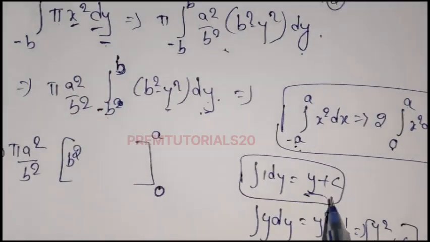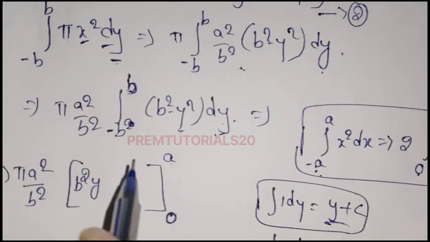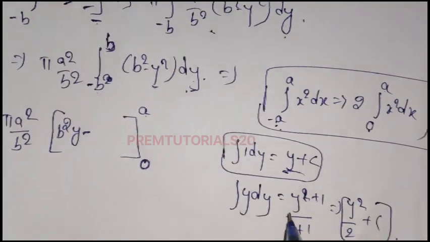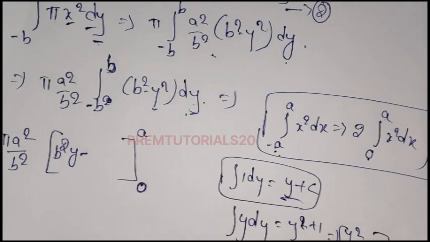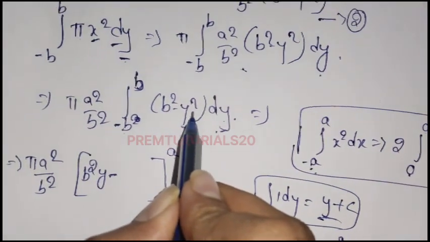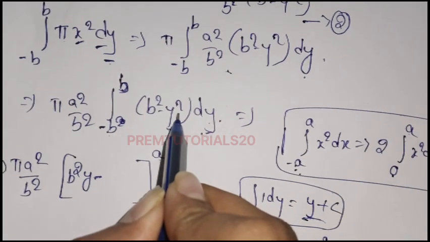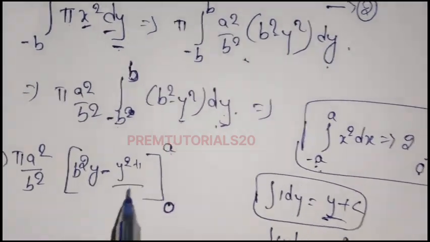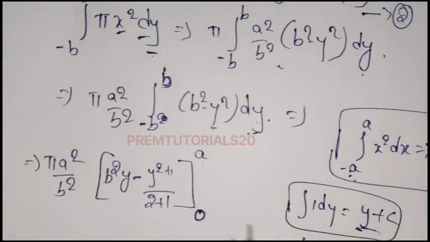What is the formula here? The integral of y dy equals y power n plus 1 by n plus 1. In the place of n we can replace with 2, that means y power 2 plus 1 by 2 plus 1.